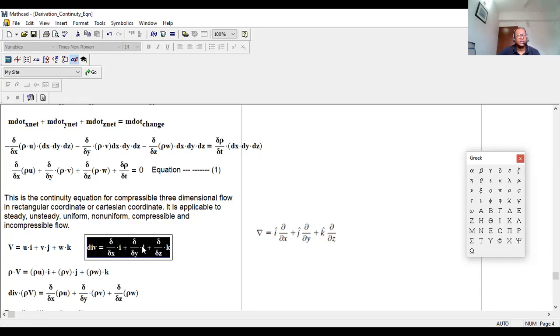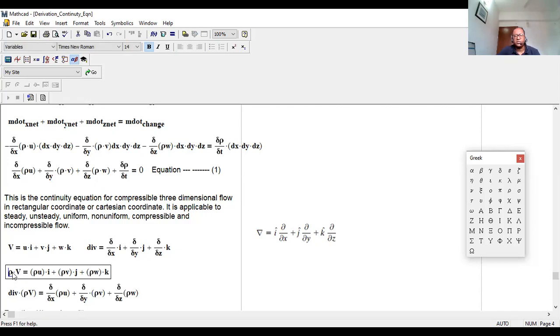Del, divergence, and this is the V. If you make the dot product of these two vectors, this one and this one, rho V, you will get this term. At first, in this V, we multiply by rho. Rho is not a vector, right? Just multiply with rho, a constant, for example. So it will be rho u i, rho v j, rho w k.